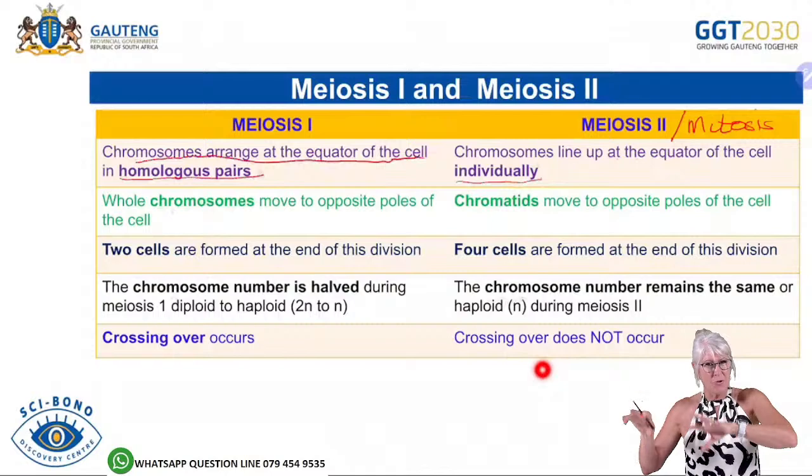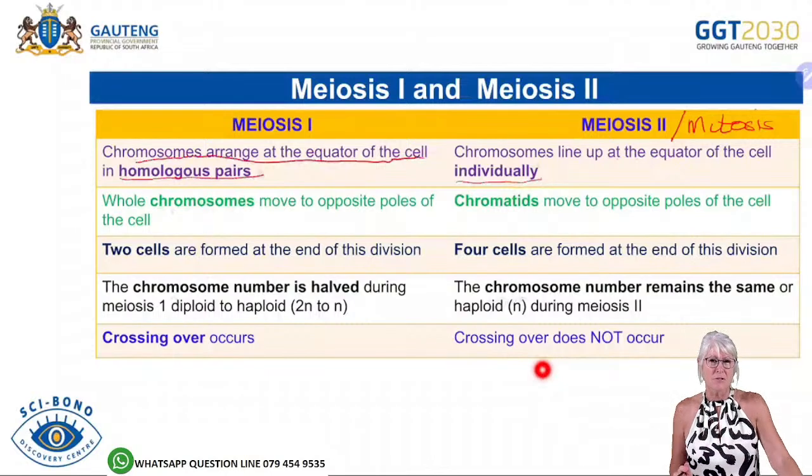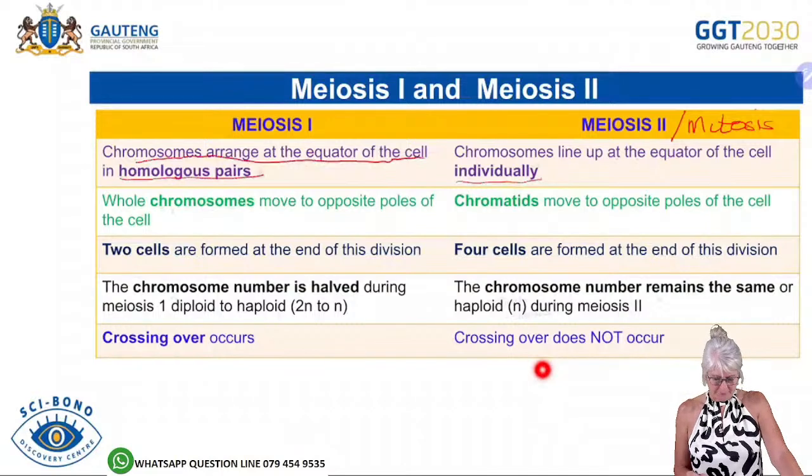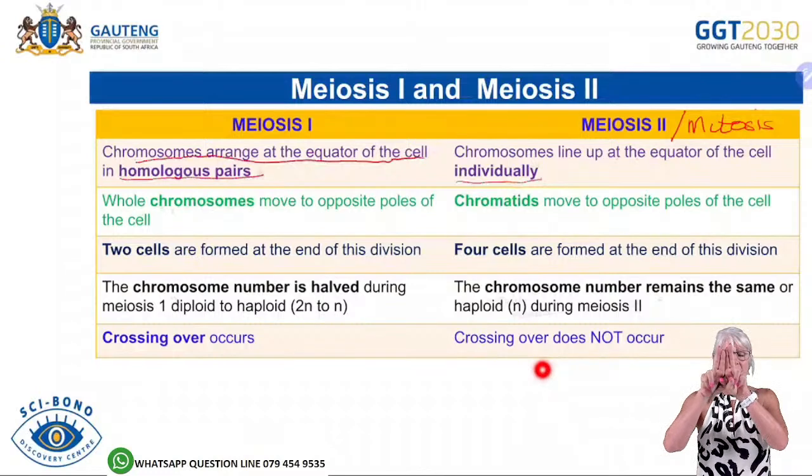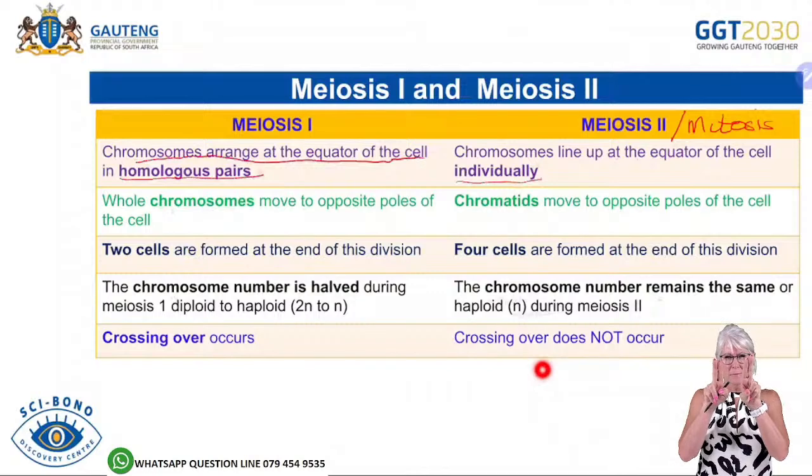I don't further divide and reduce the chromosomes anymore, so they remain haploid. Then in meiosis 1, it's during prophase 1 that crossing over occurs, whereas in prophase 2 there is no crossing over because we don't have homologous chromosomes. Crossing over can only take place between homologous chromosomes.